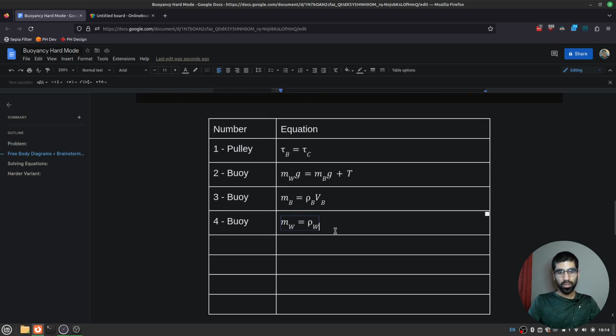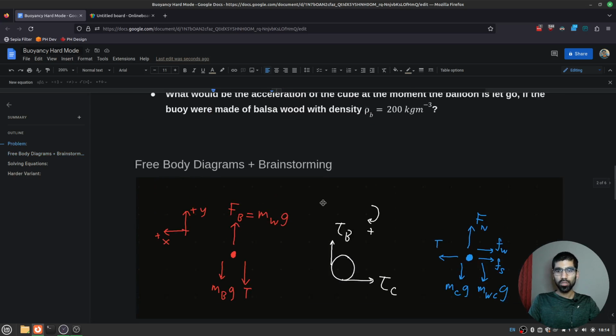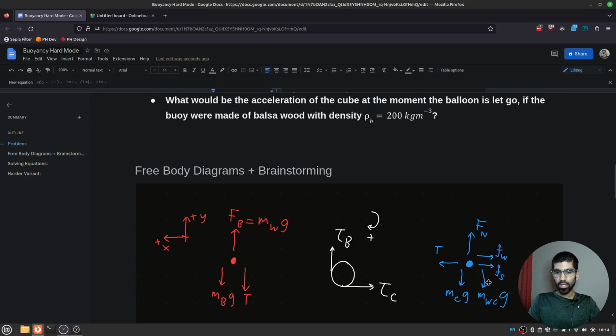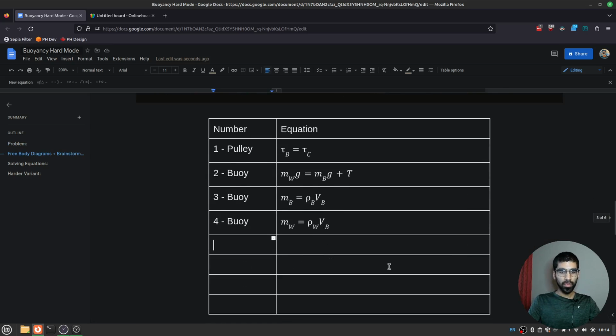So we just write the volume of the buoy again here. We don't know what tension is, but I don't see yet an easy way of creating a formula for it, so I'm going to instead move on to the cube.